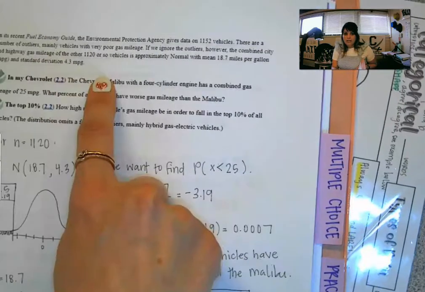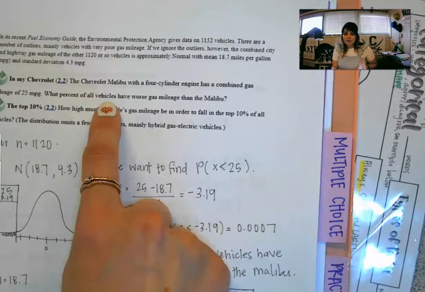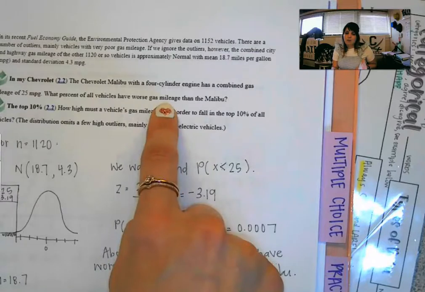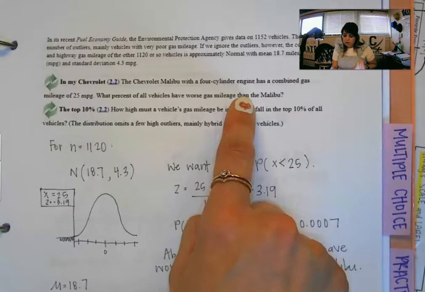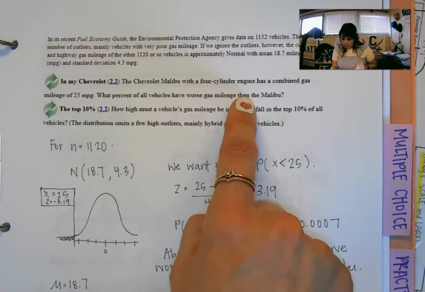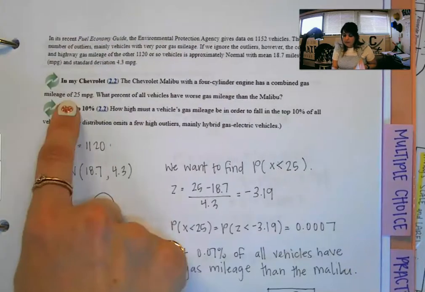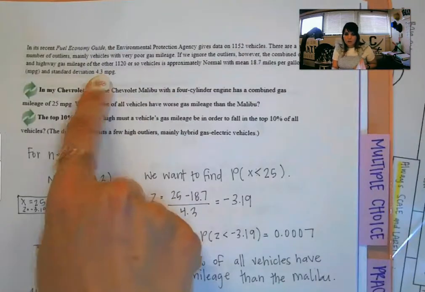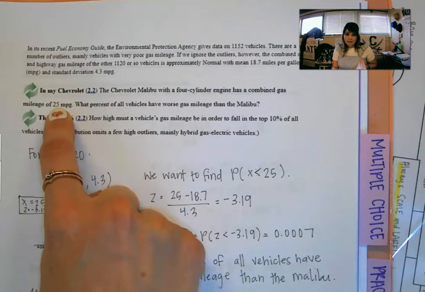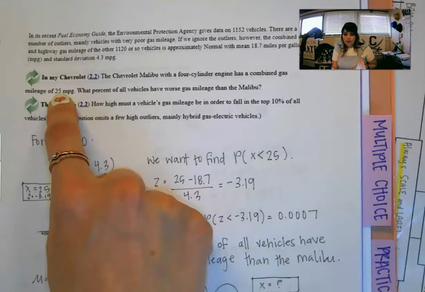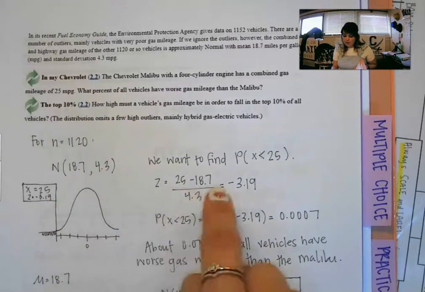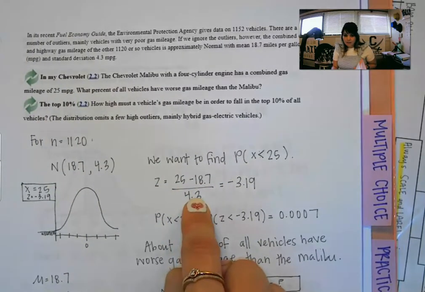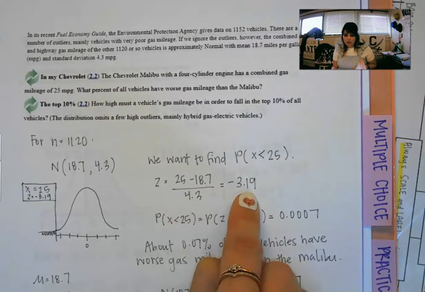What is the percent of vehicles that have worse gas mileage than the Malibu? So you want to make sure that you know this is your mu, this is your sigma, this is your x. So you go through and you use mu, sigma, and x to find your z-score.